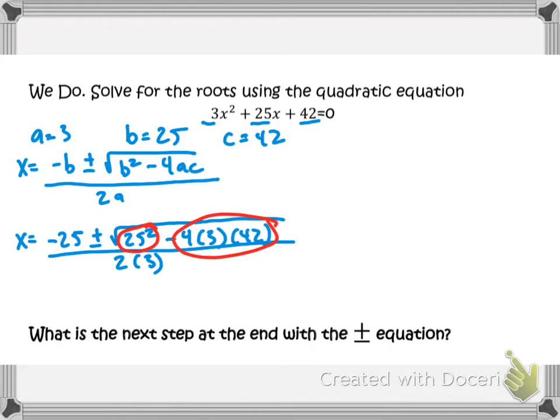So I'm going to move it down a little bit. X is equal to negative 25 plus and minus the square root of 25 squared. Let me use the calculator. 25 times 25, 625, yes. 625 minus 4 times 3 times 42, 4 times 3 times 42.